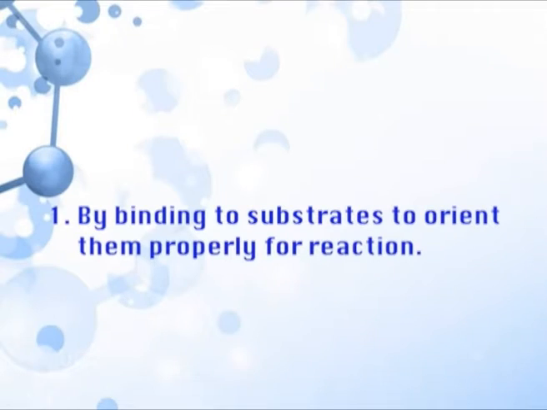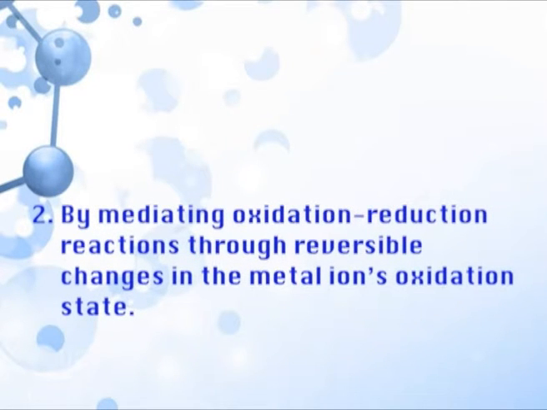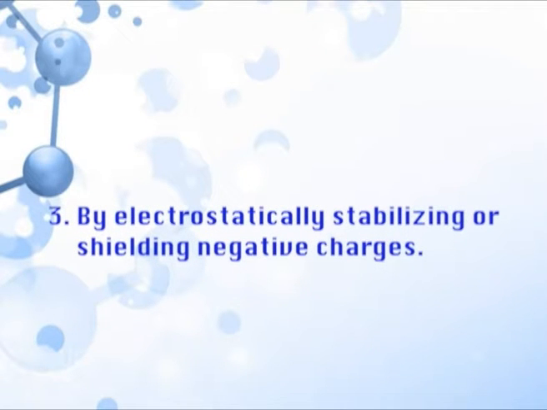Metal ions participate in the catalytic process in three major ways: by binding to substrates to orient them properly for reaction, by mediating oxidation-reduction reactions through reversible changes in metal ion oxidation state, and by electrostatically stabilizing or shielding negative charges.